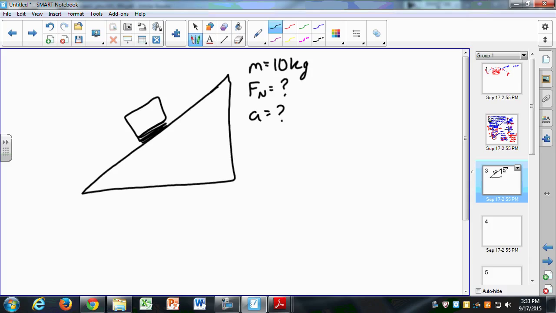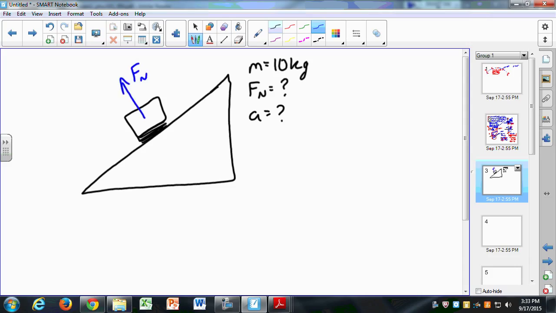So let's see. Our first step is to label all the forces. How many forces do I have acting on this thing? How many? Caleb? I just have 2, right? I have the weight and the normal force.